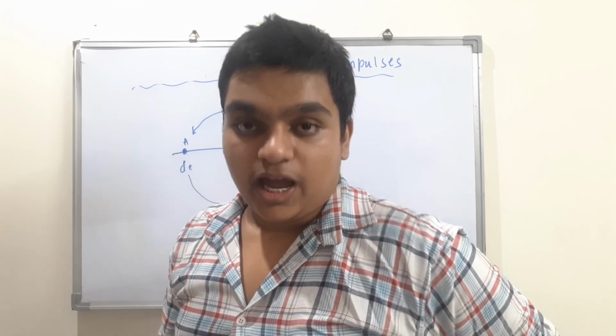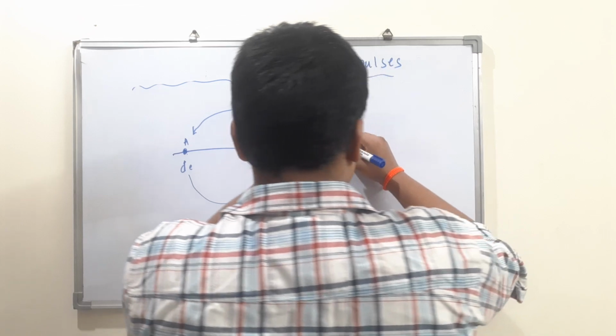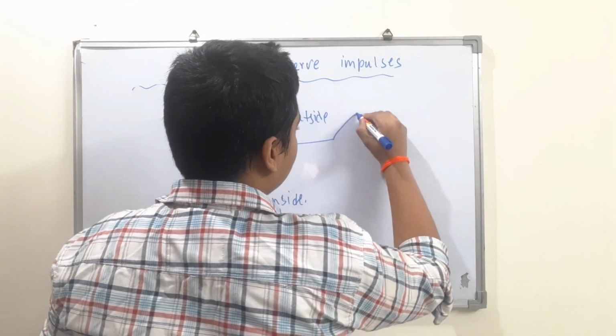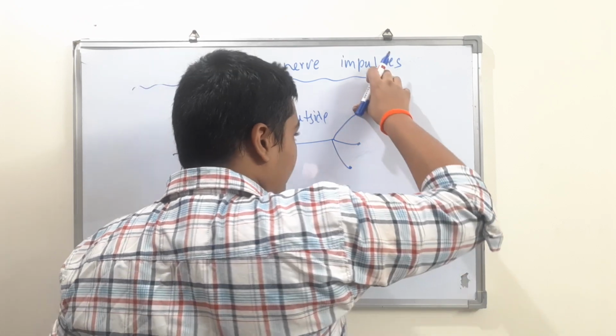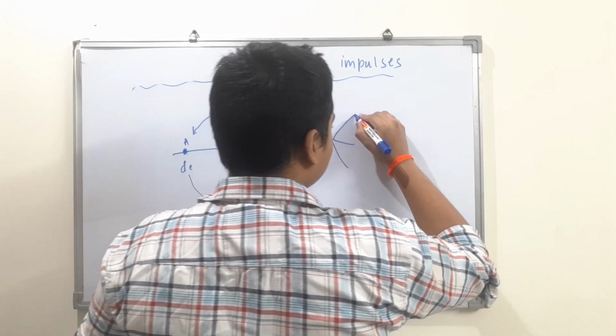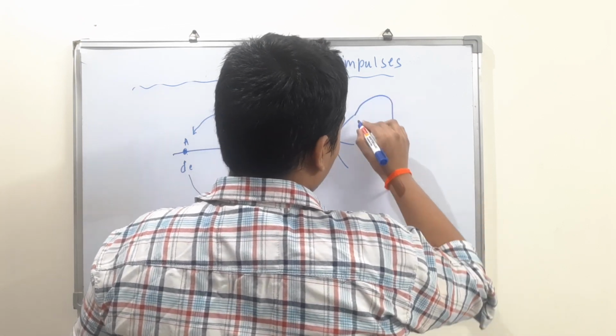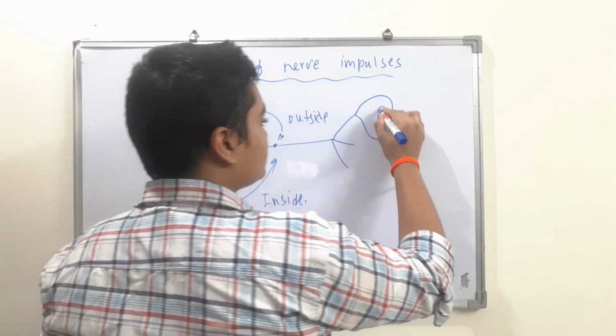axonal membrane. After coming throughout the axonal membrane, here we have the axon terminals which terminate as bob-like structures. Now what I am doing is, I am making one axon terminal big.